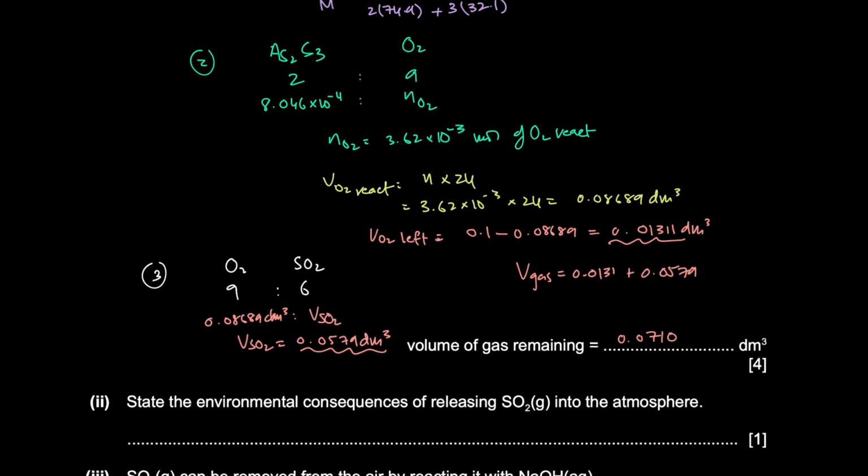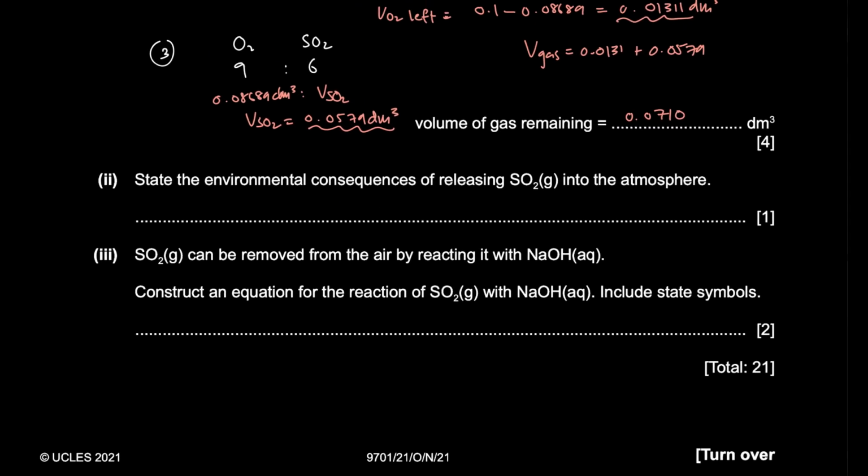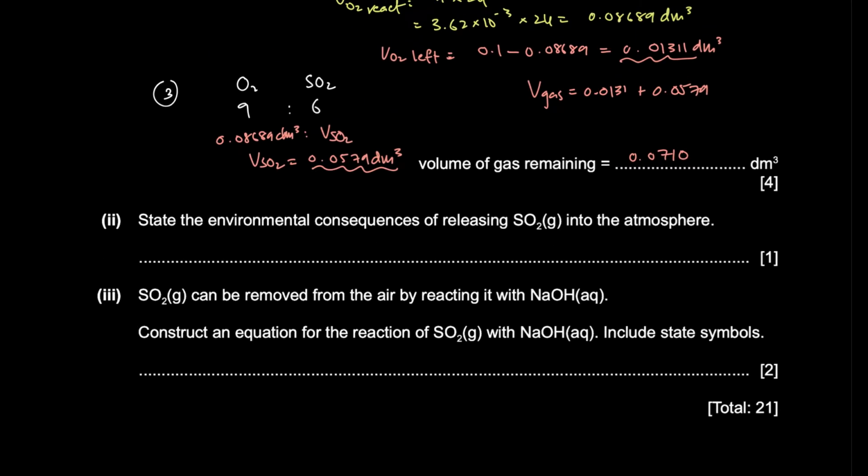All right. State the environmental consequence of releasing sulfur dioxide into the atmosphere. So what is the environmental consequence of sulfur dioxide being released? If you guys remember, the formation of sulfur trioxide is catalyzed by oxides of nitrogen. Do you guys remember these two equations?